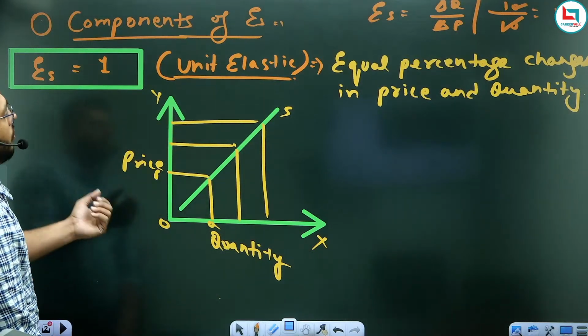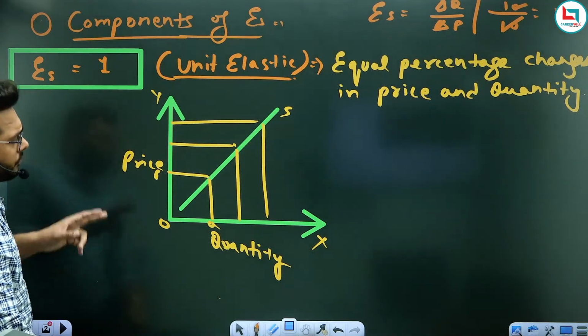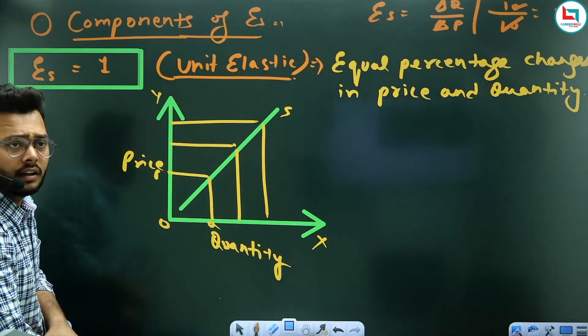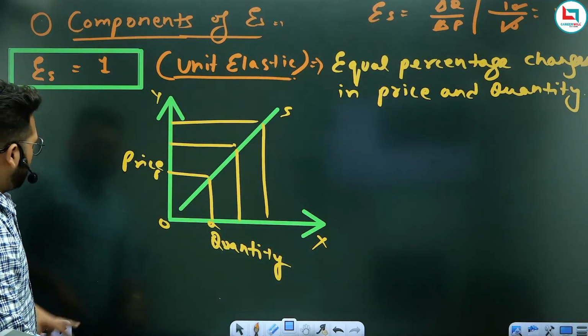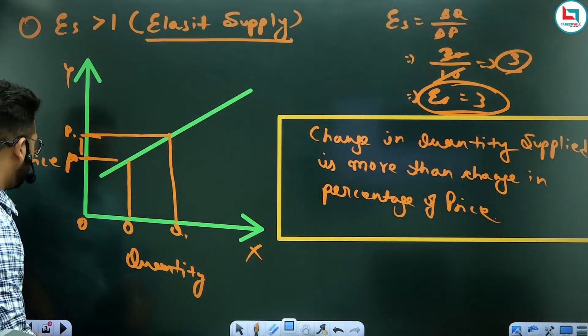Equal percentage change in price and quantity is called unit elastic, and this is called elastic supply.